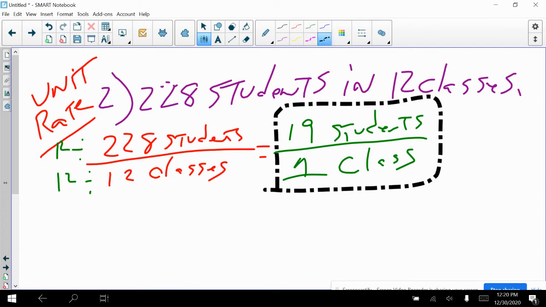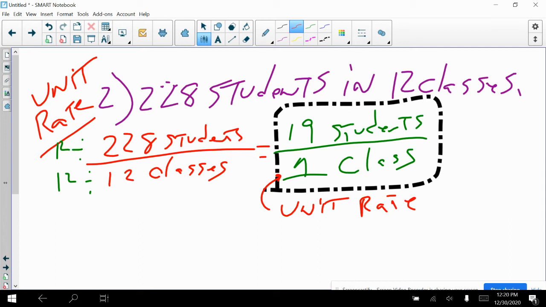Okay, and again, there is our unit rate. Okay, you have a 1 in the rate. You found 1 of something.